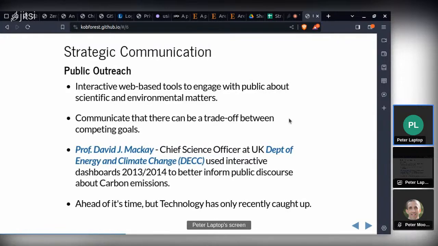Okay, so where I came across this stuff for the first time was about 10 years ago. There was a chief scientific officer with the UK Department of Energy and Climate Change. His name was Professor David J. Mackay, and he actually had this initiative to use dashboards to engage the public about carbon emissions and their carbon budget, let's say, okay?